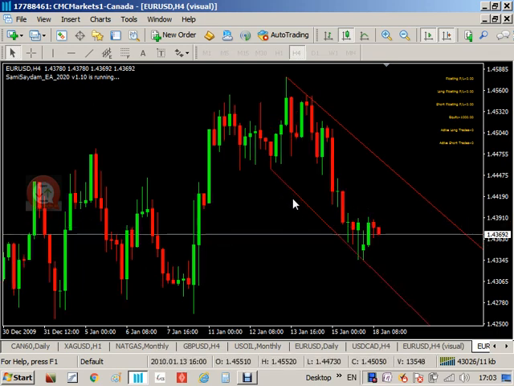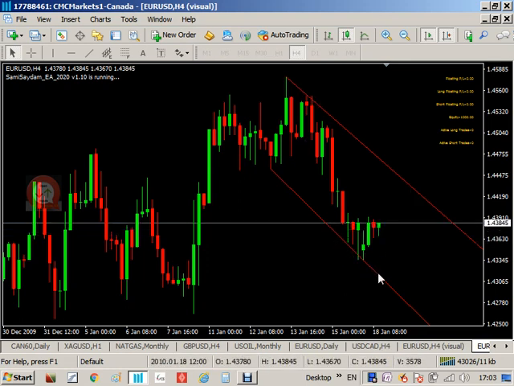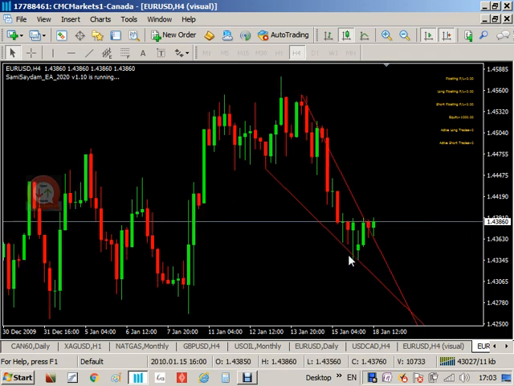Now you see the line itself modified itself again with the time. It gives you the support at this level. What we do, we take our profit and we wait.